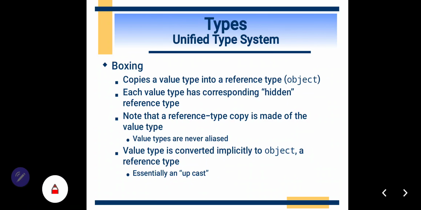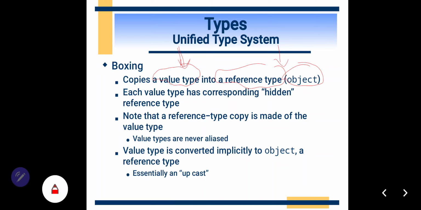Boxing copies a value type, integer, boolean, and so on, into a reference type, an object. Okay, it will be saved in stack, and this it will be stored in heap.